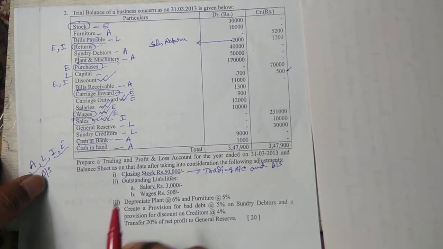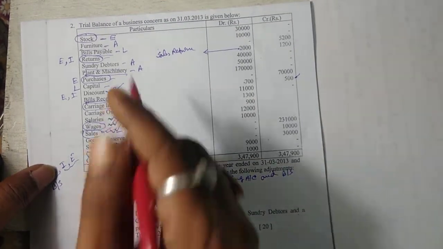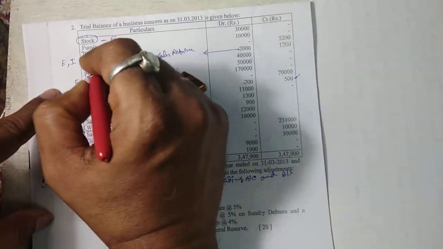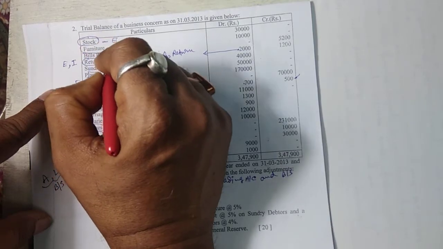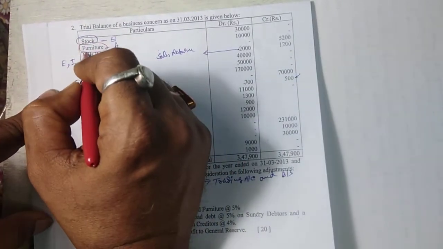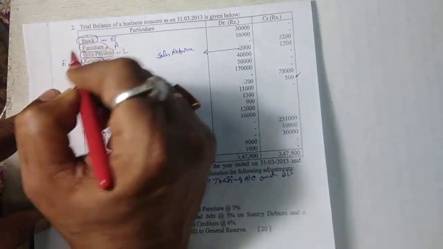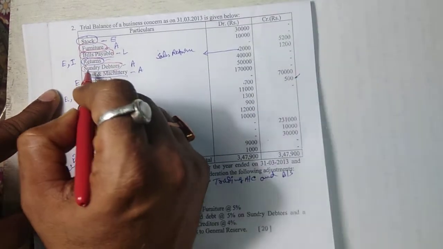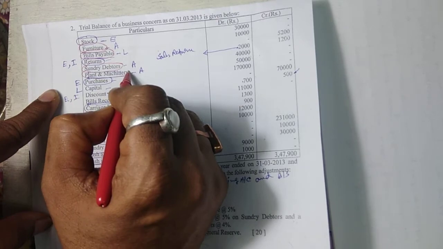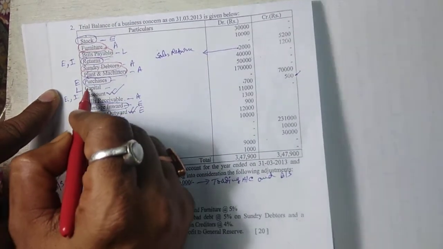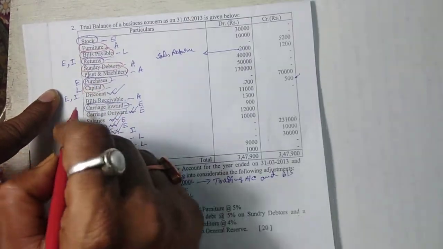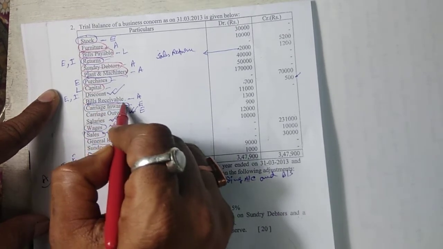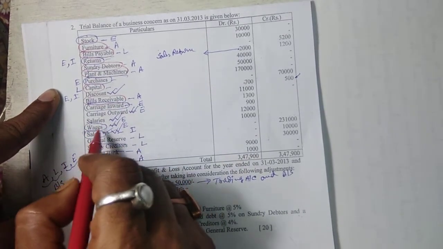How to prepare? Now see here, furniture is a balance sheet item. Furniture is an asset. Bills payable is a liability. Sundry debtors is an asset. Plant and machinery is an asset. Capital is a liability. Bills receivable is an asset.